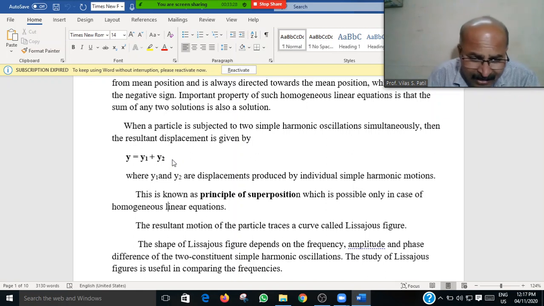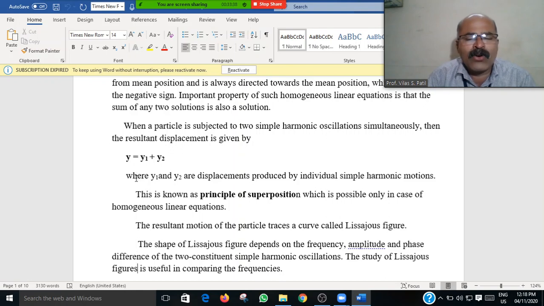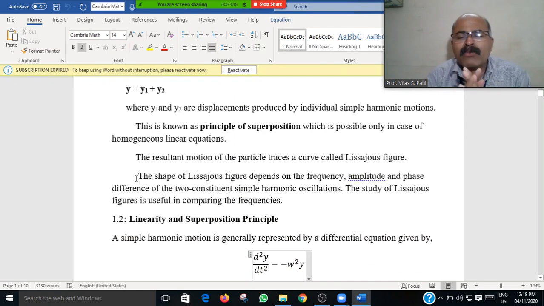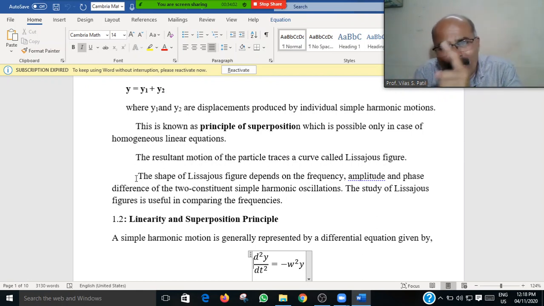Read the next line, where y1 and y2 are the displacements produced in individual simple harmonic motion, and this is known as the principle of the superposition theorem, which is possible only in case of a homogeneous linear equation. Clearly understand that the principle of superposition will be applicable only in case of a homogeneous linear equation.